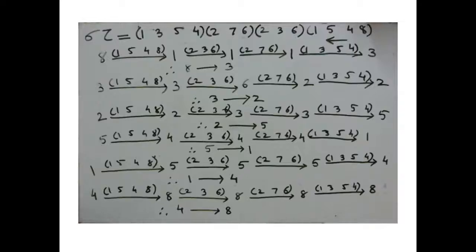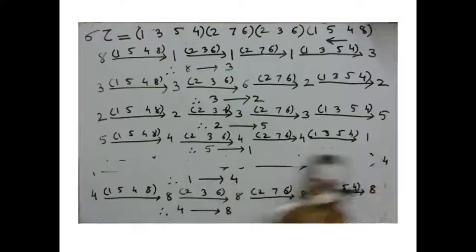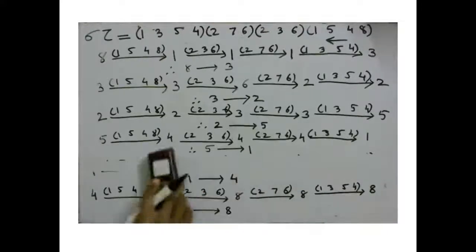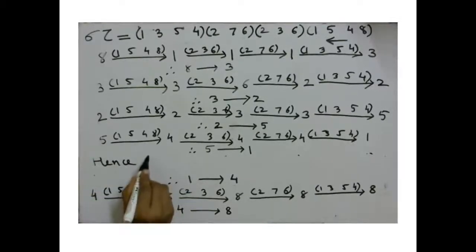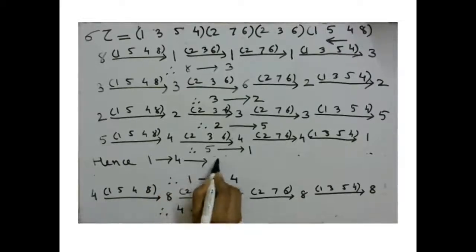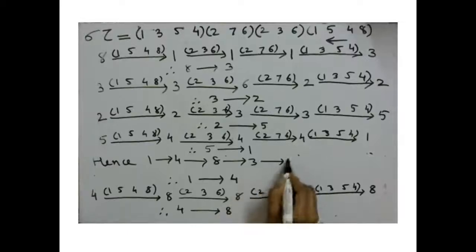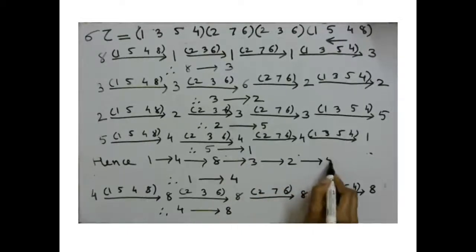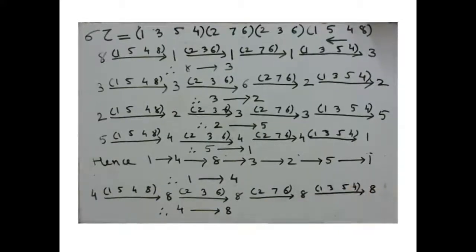So far what we have observed, hence we got here that 1 is mapping to 4, 4 is mapping to 8, 8 is mapping to 3, 3 is mapping to 2, 2 is mapping to 5, and 5 is again going back to 1.